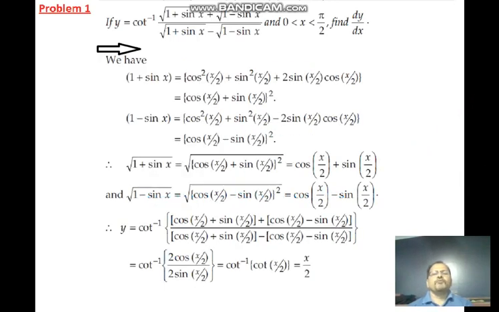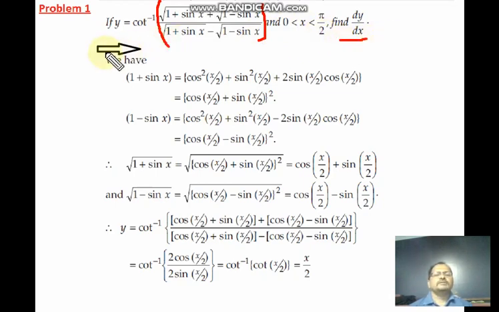The problem was: if y equals cot inverse of (under root 1 plus sin x plus under root 1 minus sin x) divided by (under root 1 plus sin x minus under root 1 minus sin x), where x is between 0 to pi by 2, we have to find the derivative.